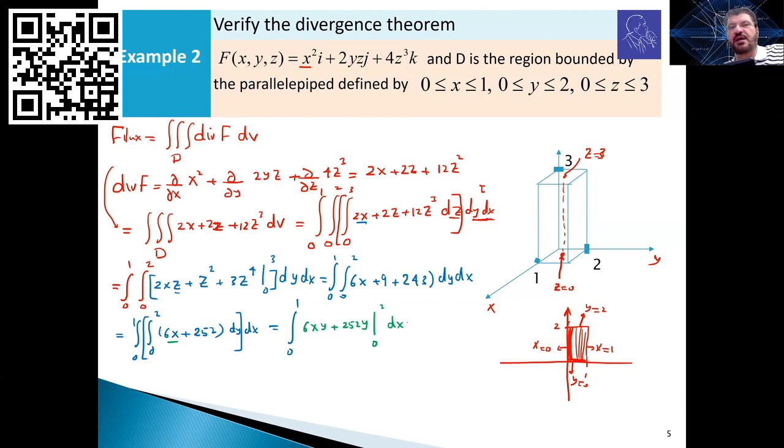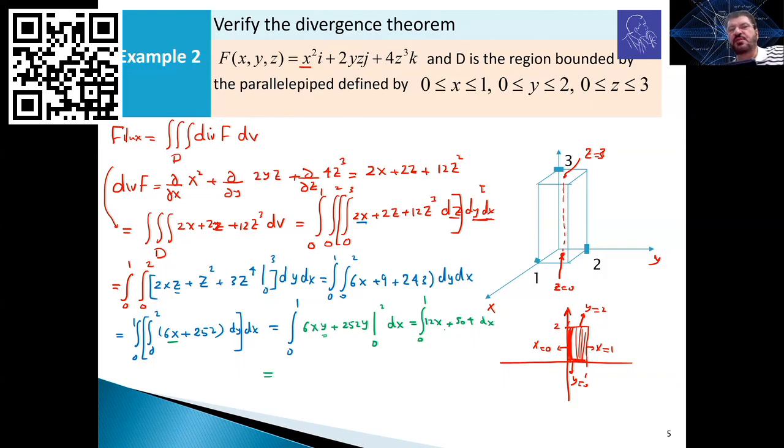We plug in the 2, so 0 to 1. Put the 2 for, actually we're doing it for y now. So put a 2 here, times 6 is 12x, plus put 2 for the y, times 2, 504. And this is dx.